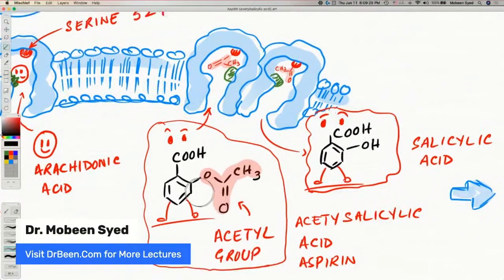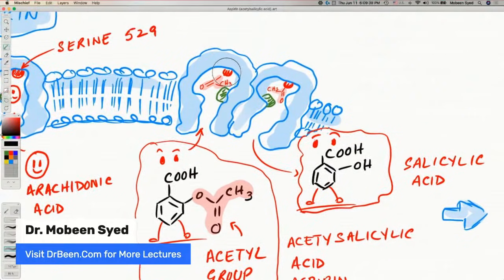What happens is this drug goes into the same place in the cyclooxygenases where arachidonic acid goes. And then in there, it connects to a serine amino acid, which is present at the 529 place.